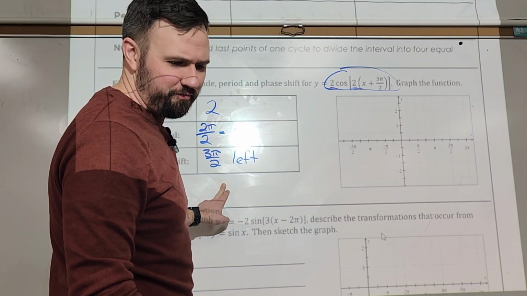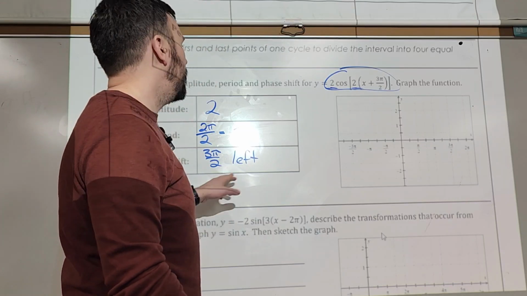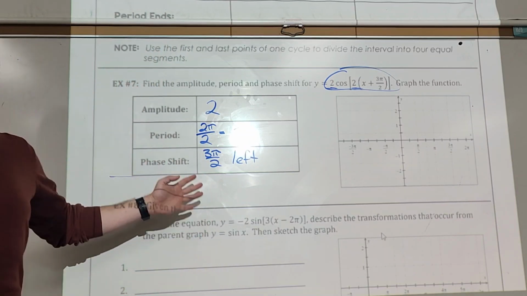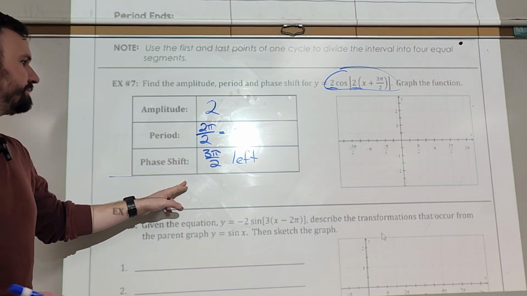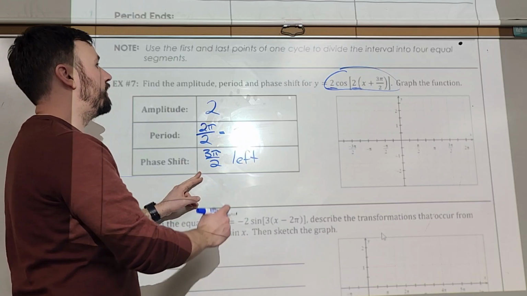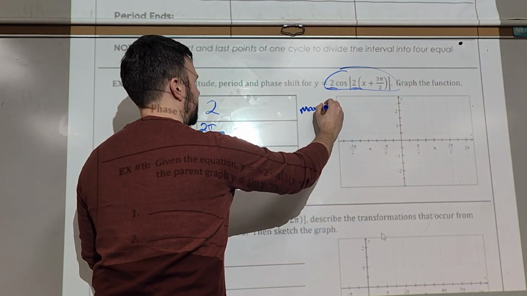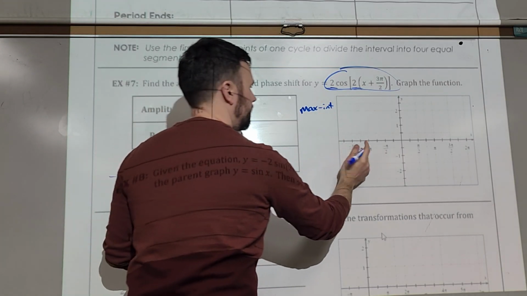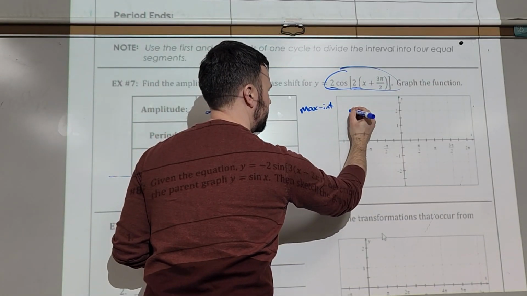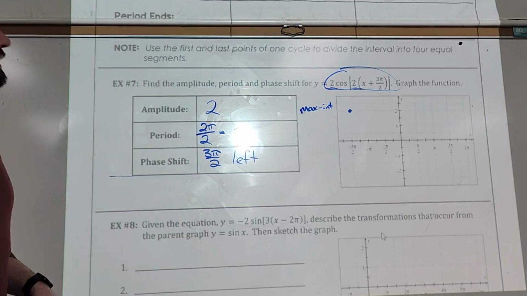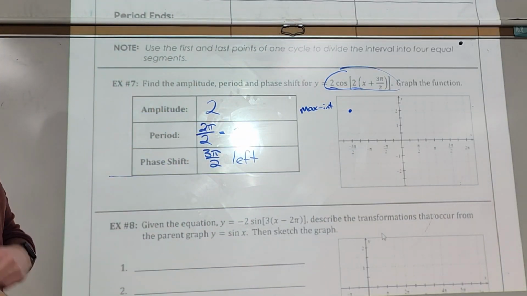It's in the computer. So, why would I do this? Where do we start? Negative 3 pi over 2. It's cosine, so I start at max, right? So negative 3 pi over 2 and go up 2. Y'all agree? Now, where's the end of my cycle going to be?